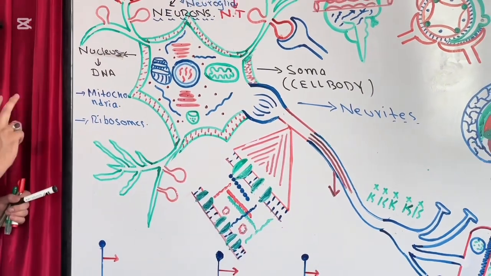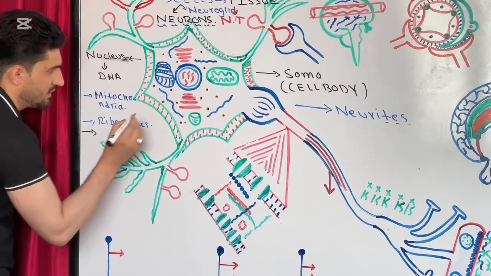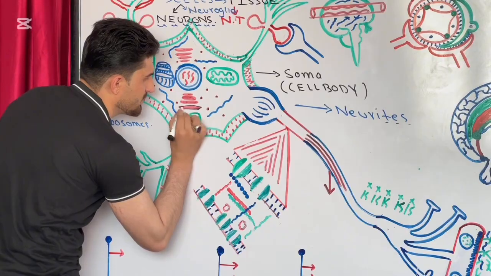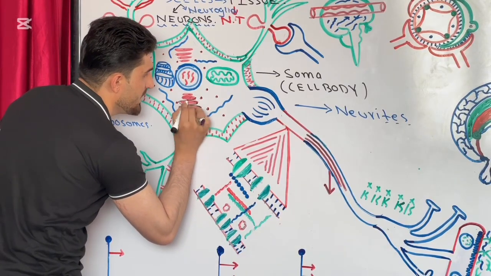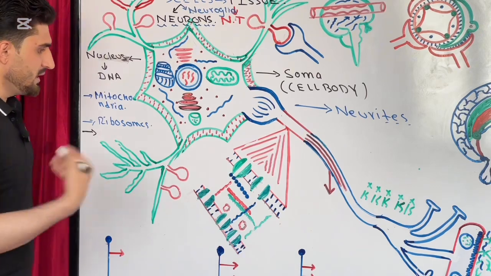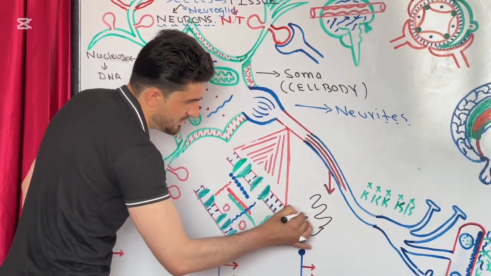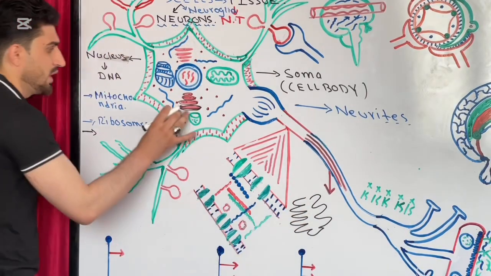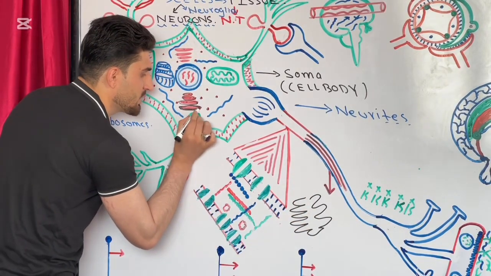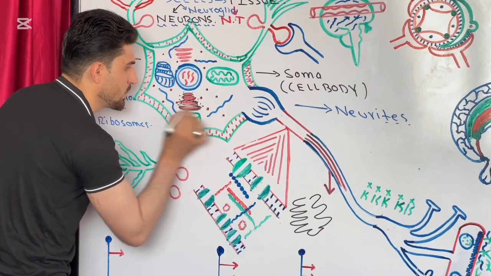Two important things that we can see here: can you see these collections? These collections are of rough endoplasmic reticulum. In other cells, rough endoplasmic reticulum was like reticuli. Here, rough endoplasmic reticulum is like these dense bodies that also consist of ribosomes.